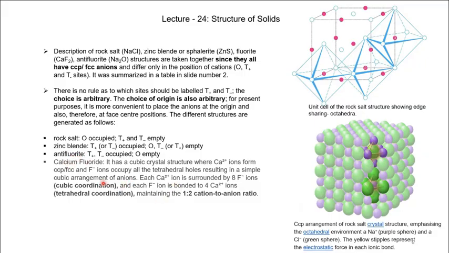And we will say that the calcium has octahedral arrangement, and the fluoride ion is bonded with a tetrahedral arrangement in this structure, and therefore we maintain a 1 to 2 cation to anion ratio. Okay.